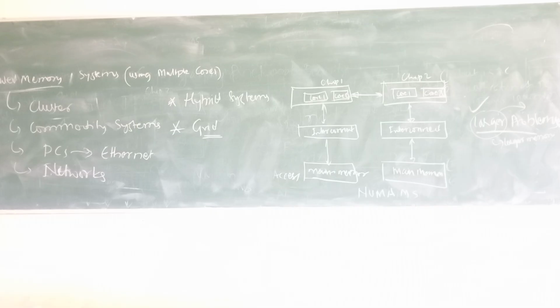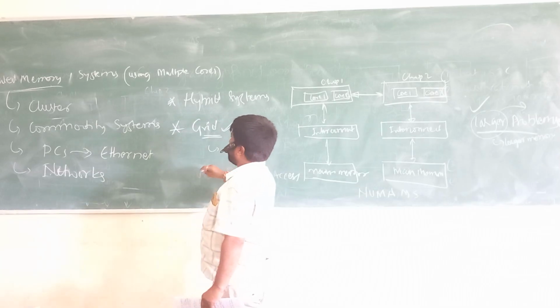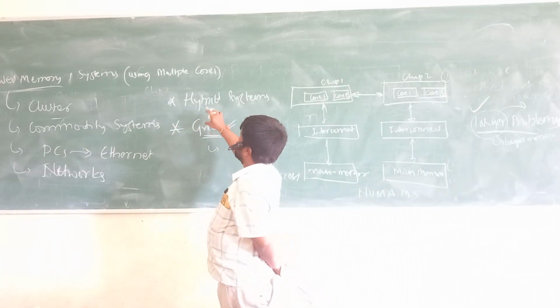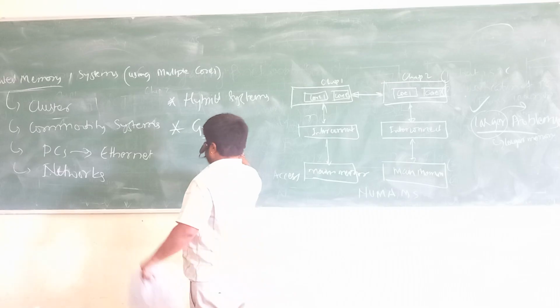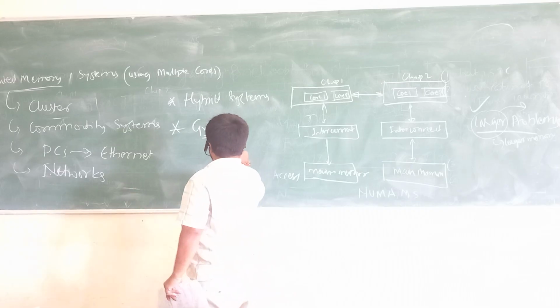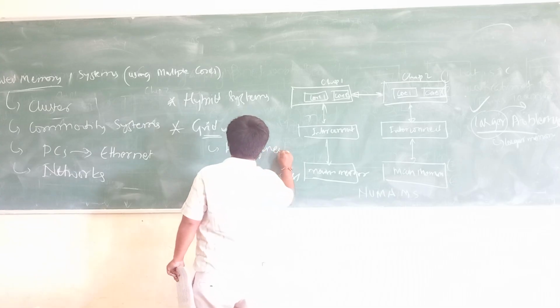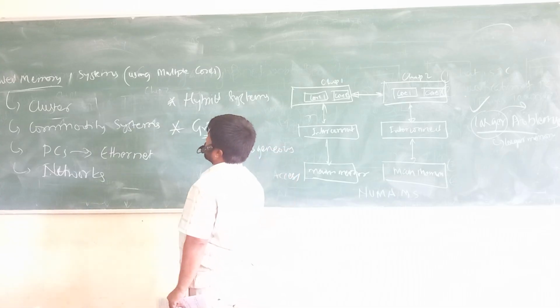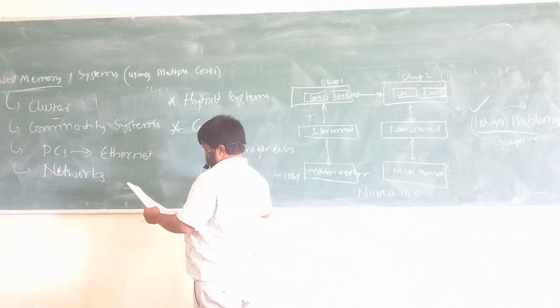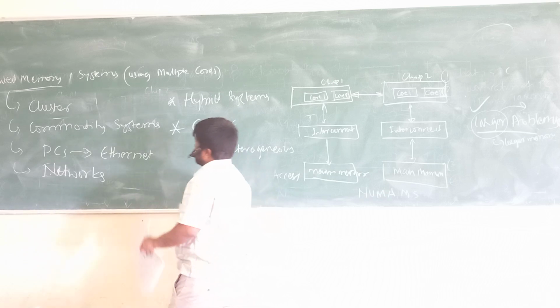If you develop a distributed memory system using multi-core with a grid system, these systems are called heterogeneous, with individual nodes.